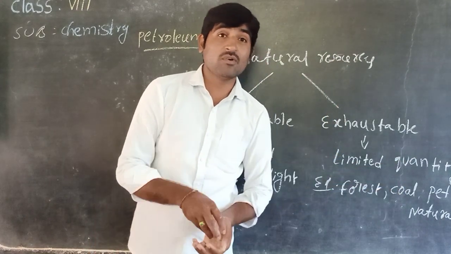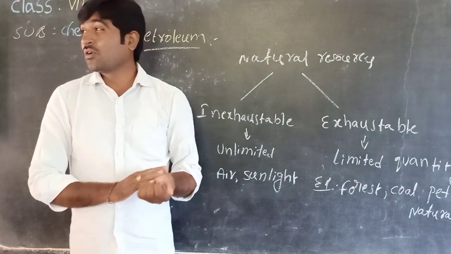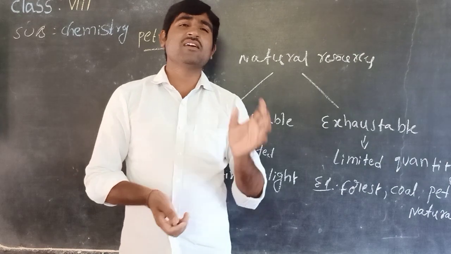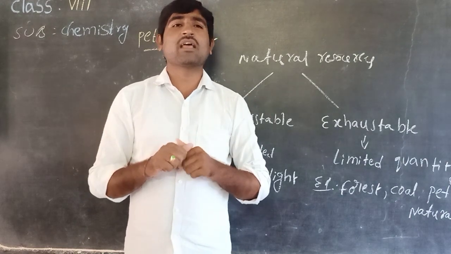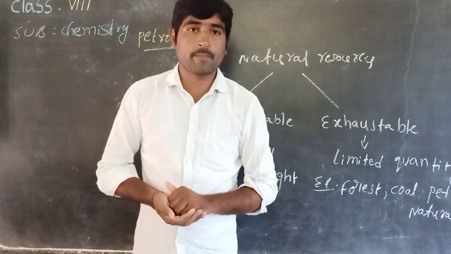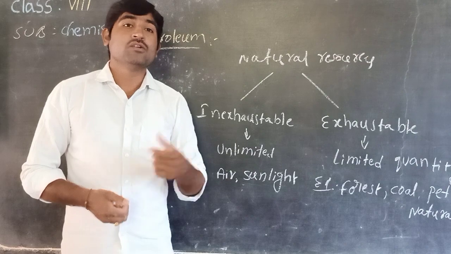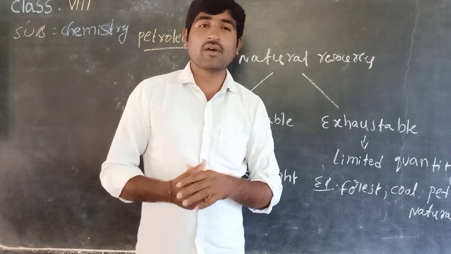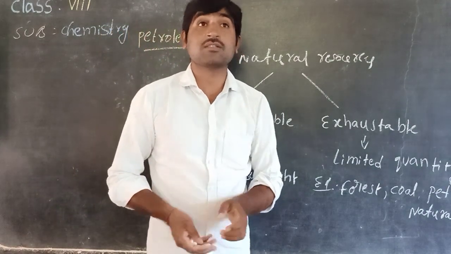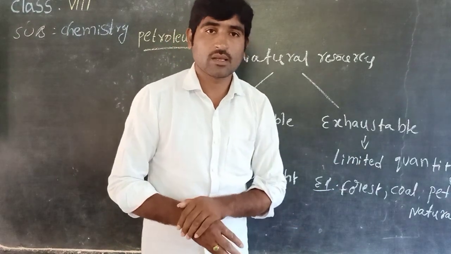So, we know the story of the formation of coal, children. How is coal formed? 300 million years ago, the total earth was covered with dense forest, that means big trees. Due to natural disasters like floods, tsunamis or earthquakes, that forest got buried under the earth.